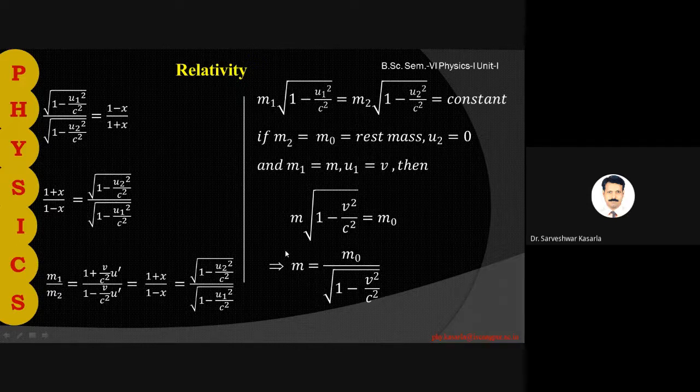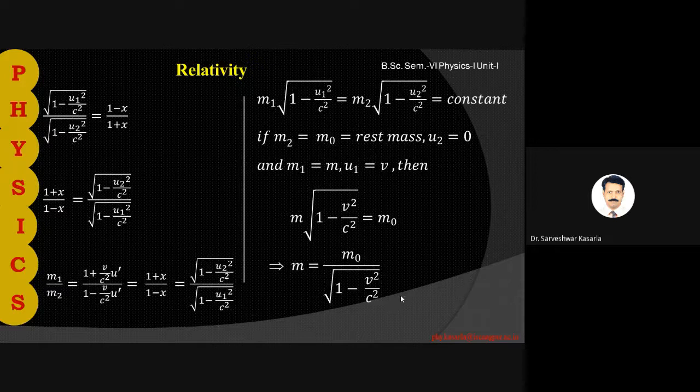So this is the relation between rest mass and the relativistic mass. As you observe, m is always greater than m0 as far as v is concerned. If v is larger, m is larger than m0. So mass increases. So relativistic mass is larger than the rest mass. So this is the important equation.